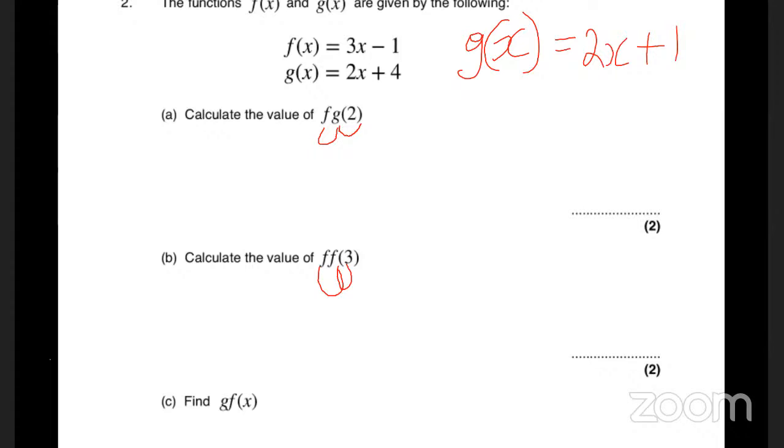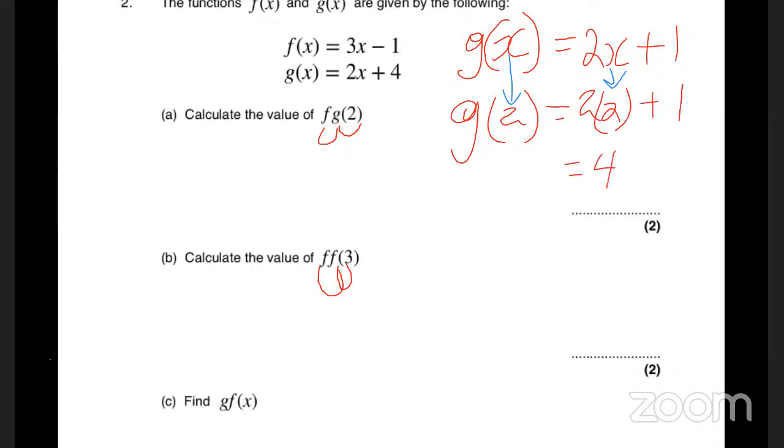So now we say we're going to put 2 into G. So we're going to find G of 2 first. G of 2 is therefore 2 wherever we see x. So remember what I told you earlier, that we no longer have x there, we have 2. So wherever we see x, we change it and put in the value for x, which is now 2. All right? So we have 2 times 2 plus 1.